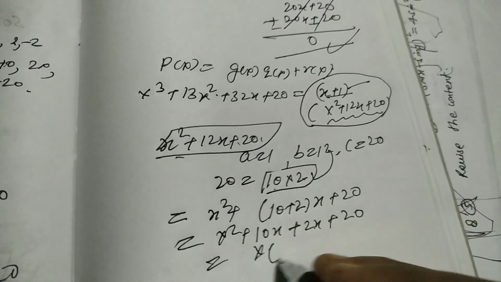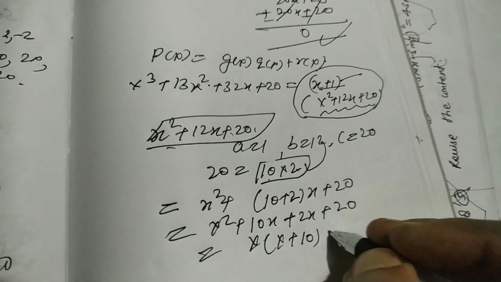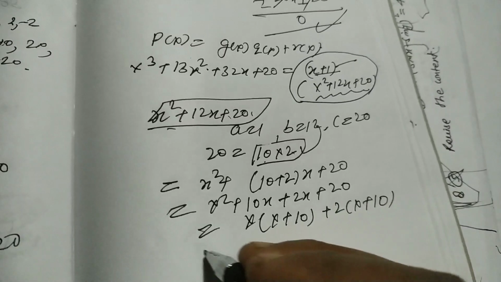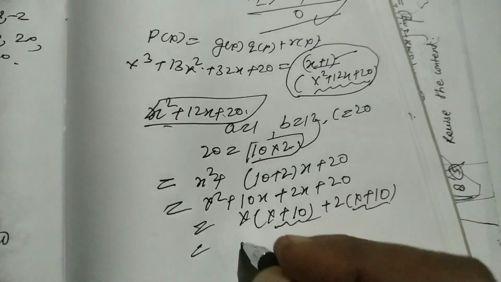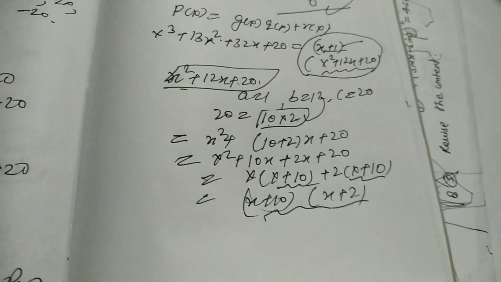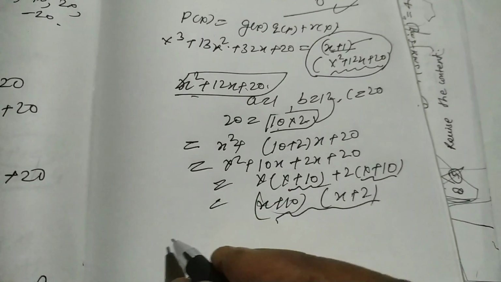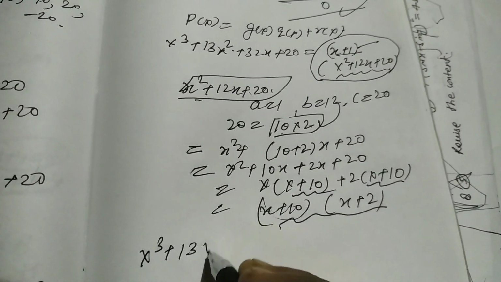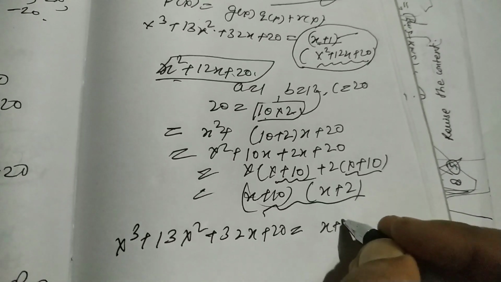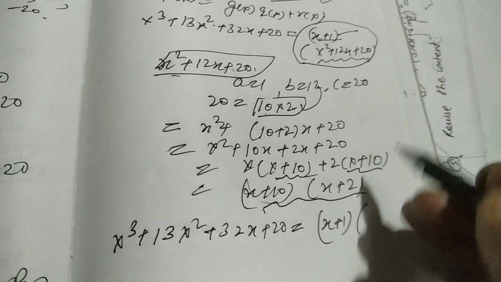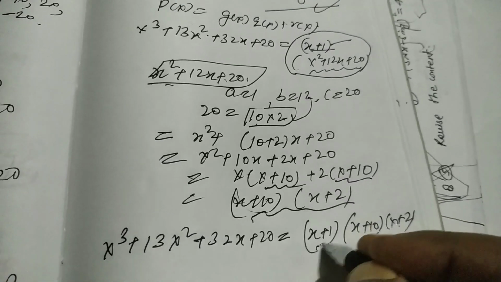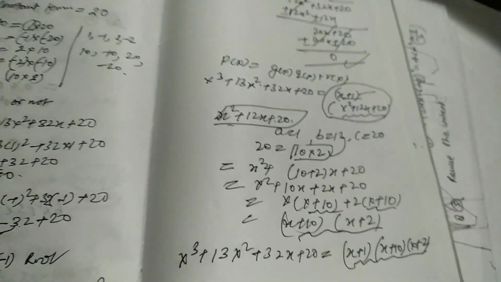Taking x common, and then 2 common, x plus 10 is common, leaving x plus 2. So the factors of this quadratic are x plus 10 and x plus 2. We can write x cube plus 13x square plus 32x plus 20 as x plus 1 into x plus 10 into x plus 2. These are the linear factors of this cubic polynomial.